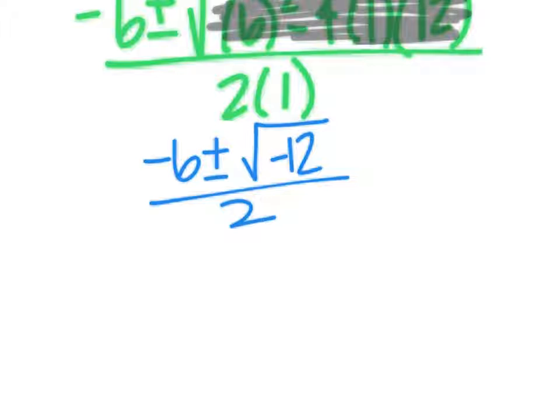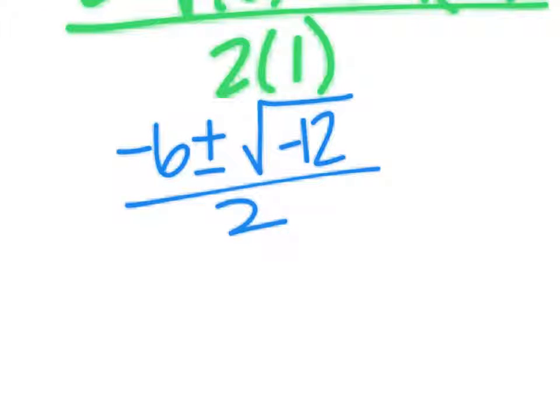Okay, so now I can manipulate this a little bit because I can take care of that -12. So what happens when I have that -12? It becomes 2i square root 3. So here's why. If I have 12 and I prime factor it, 12 is 2 times 6 and 6 is 2 times 3.